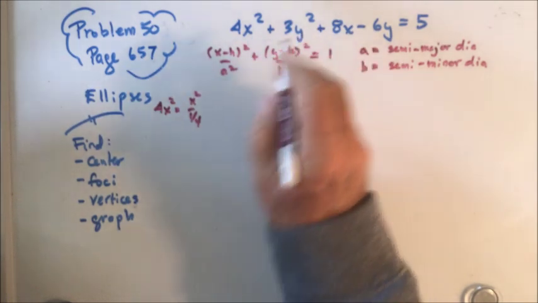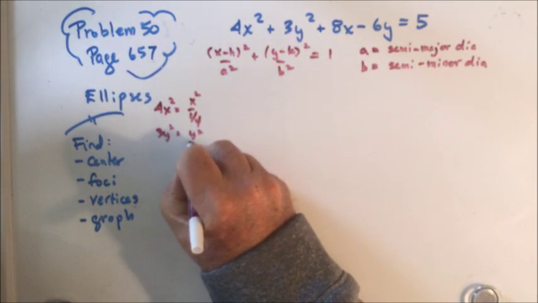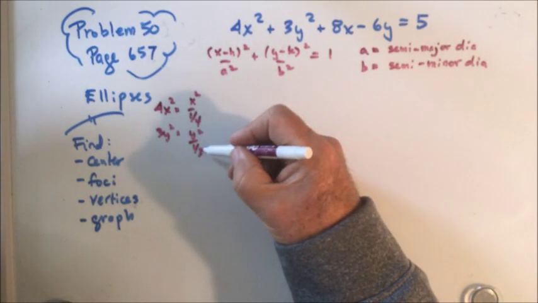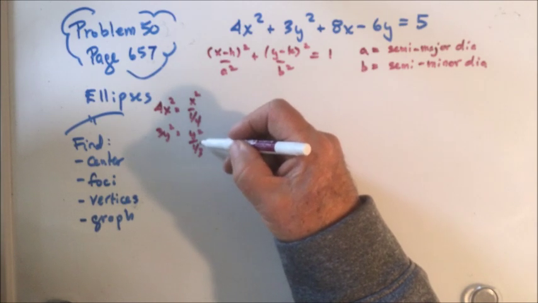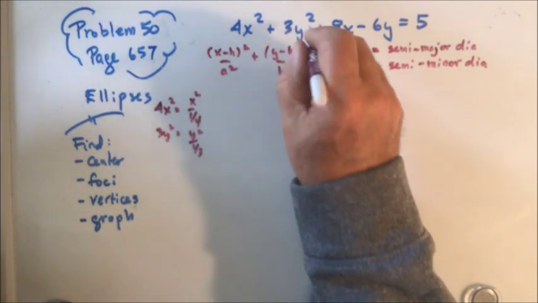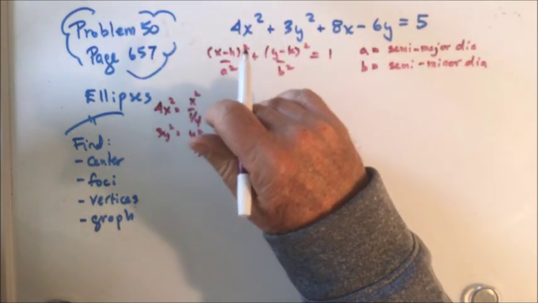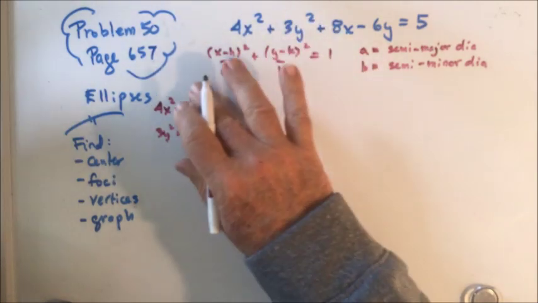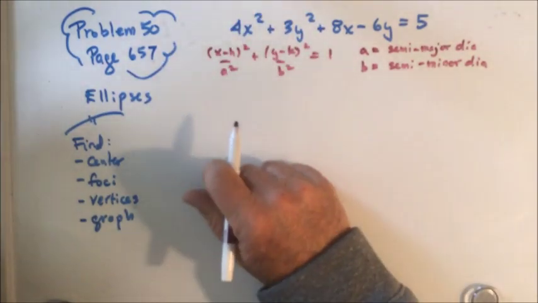And I could rewrite 3y squared as y squared over 1/3. Okay, and if I do that, this 1/3 is a bigger number than 1/4, and it's under the y squared. That's telling me that the major axis is underneath the y squared, and this is a football standing up.